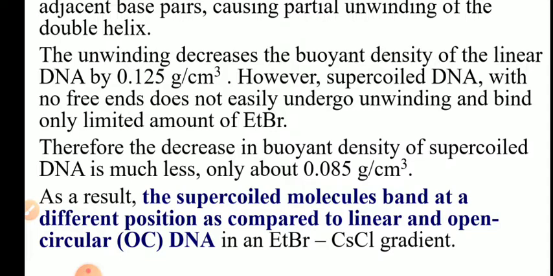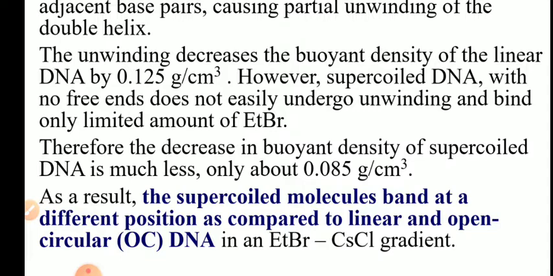However, in case of supercoiled plasmid DNA, there are no free ends, and because there are no free ends, it does not easily undergo unwinding, and only a limited amount of ETBR is able to bind to the DNA. Okay, got it?